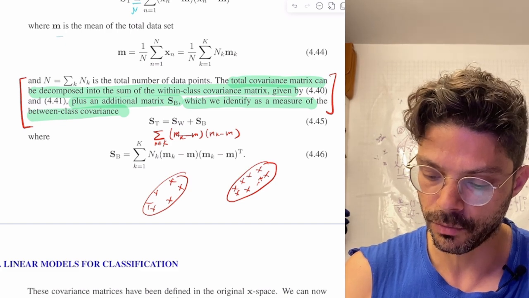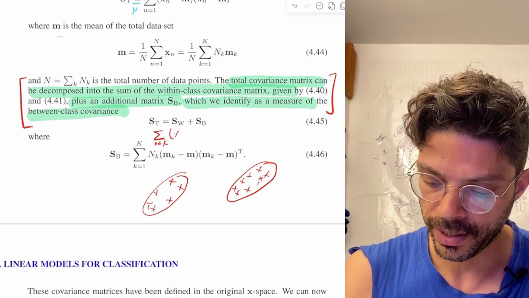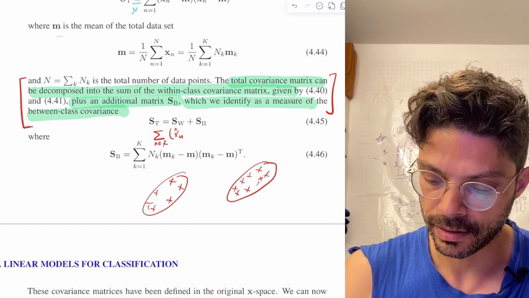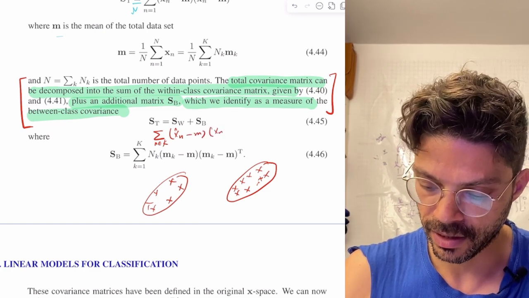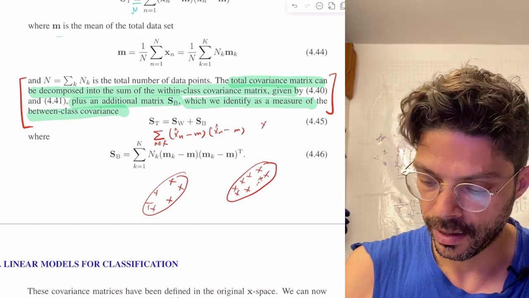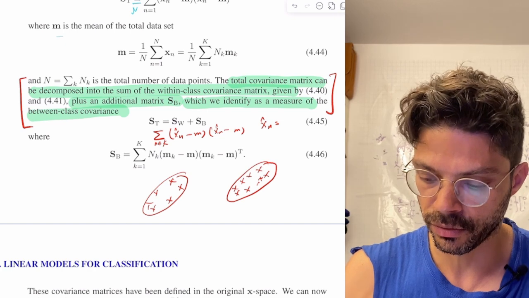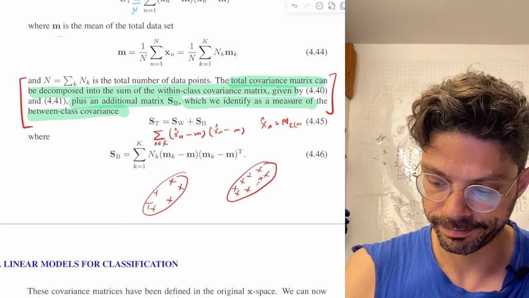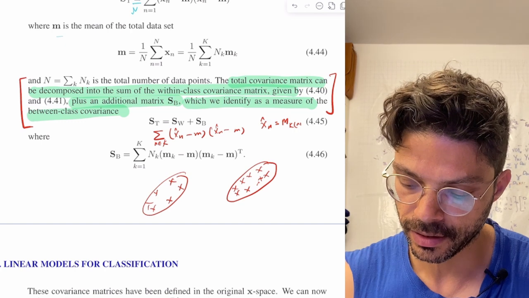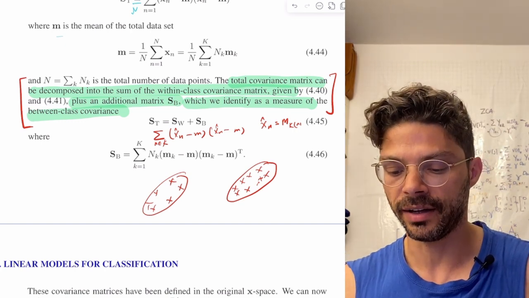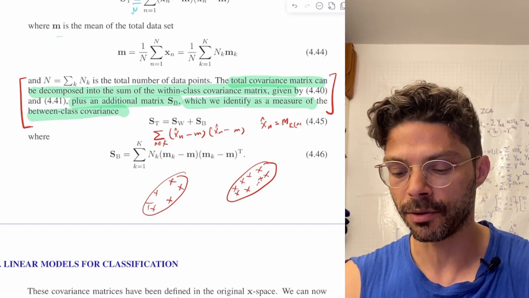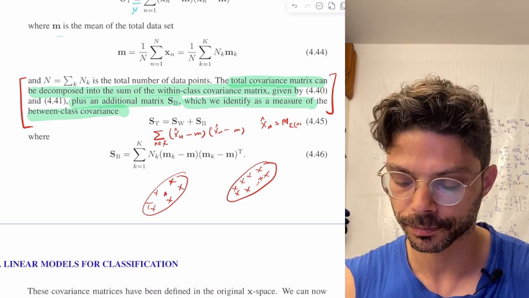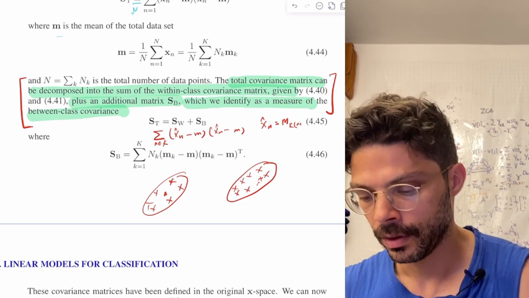Or to make it even more explicit, you could make a new version of xn minus m times xn minus m, where x hat of n is equal to the mean of the class of n. So effectively, you're computing the total covariance of your data after you replace each point with its corresponding cluster mean. That's one way to think about it.